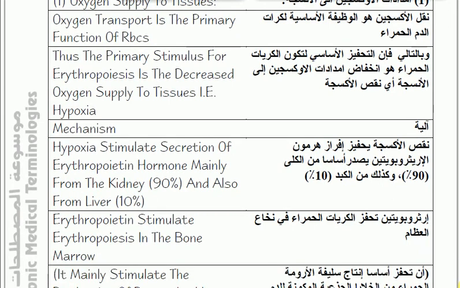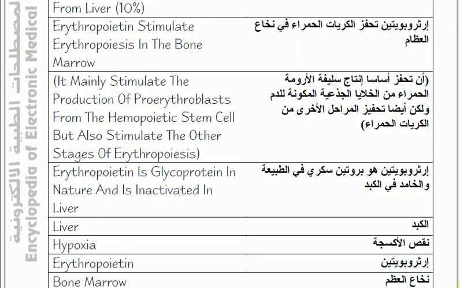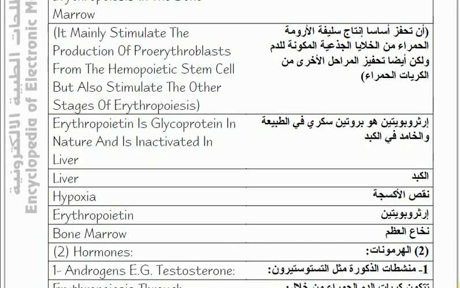Mechanism: hypoxia stimulates secretion of erythropoietin hormone mainly from the kidney, 90%, and also from the liver, 10%. Erythropoietin stimulates erythropoiesis in the bone marrow. It mainly stimulates the production of proerythroblasts from the hemopoietic stem cell, but also stimulates the other stages of erythropoiesis.